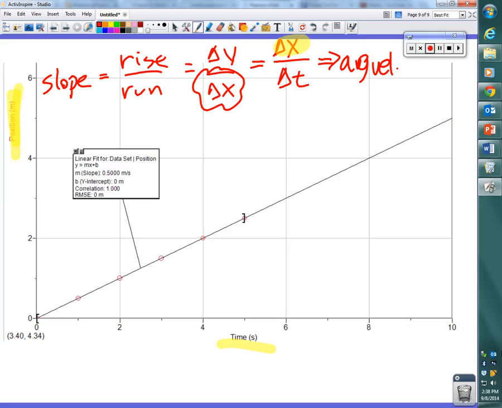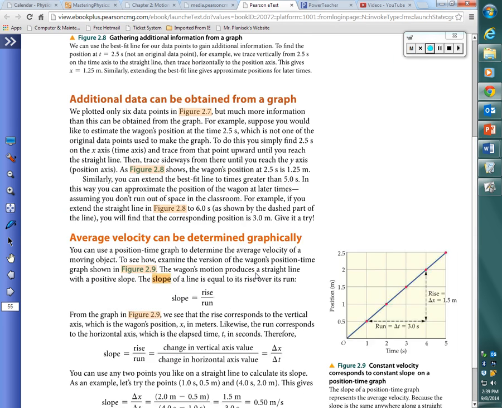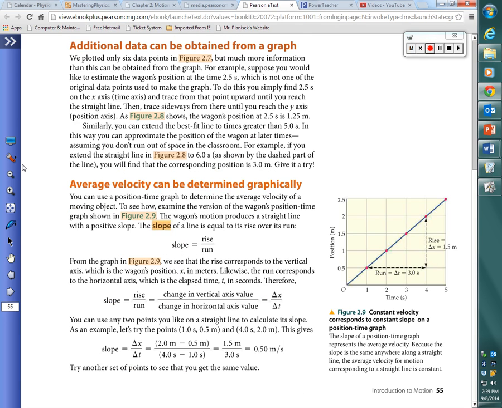So on this graph, even though we only measured the position and the time, we can tell the average velocity of this object based on not the measurements we took, but the trends in the measurement that we observed from the graph itself. And as it states on page 55, average velocity can be determined graphically, specifically by the slope on a position-time graph.